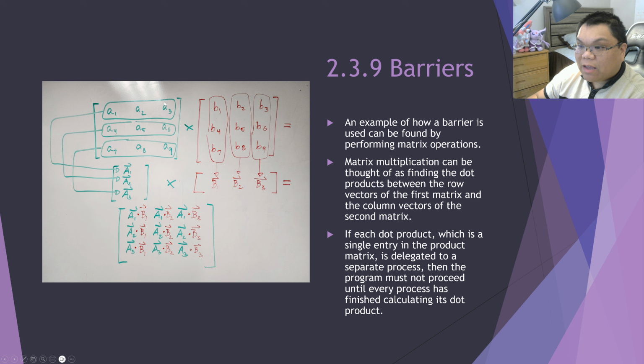We can represent the first matrix as composed of 3 row vectors, A1, 2, and 3, and the second matrix as column vectors, B1, 2, and 3. Then the product matrix is every possible combination of dot product between one matrix's vectors and the other matrix's vectors. If you can do a dot product, you can do matrix multiplication.